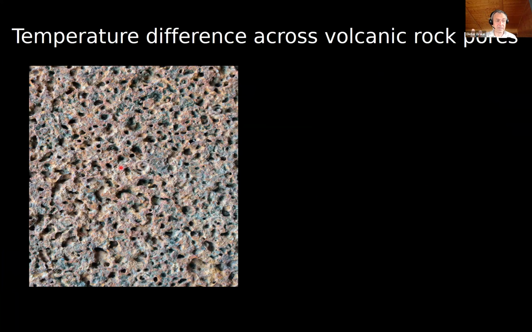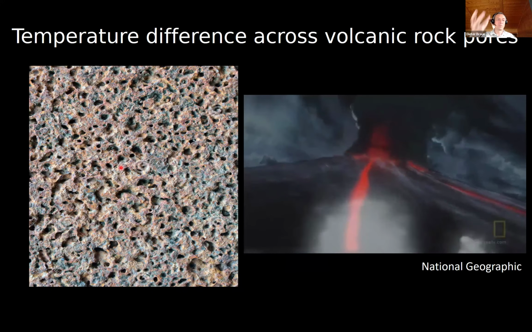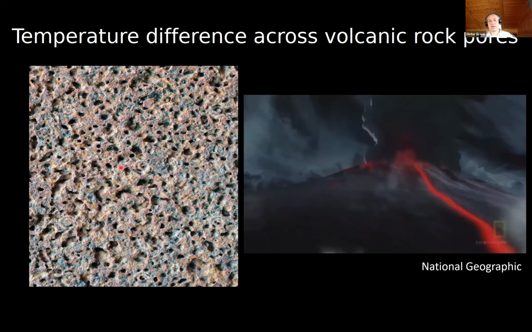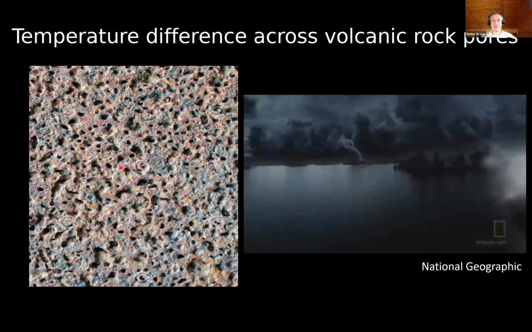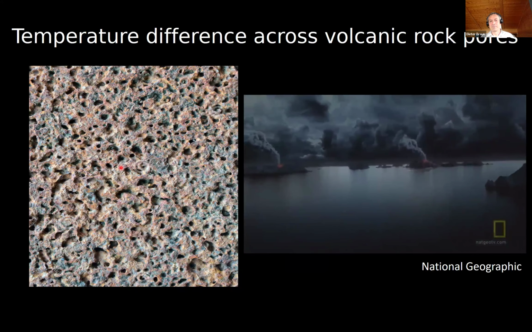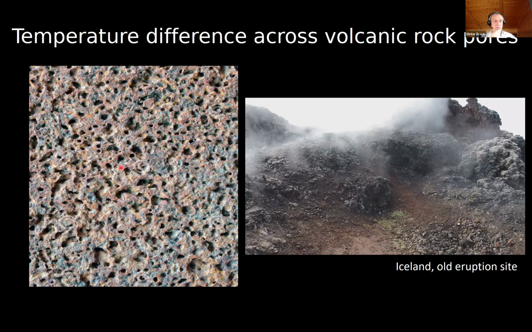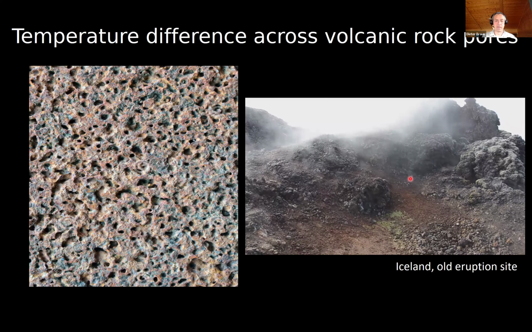If you have ever been to Iceland or Hawaii, pick up any rock, you get a porous rock because the volcanic islands just do that. These things are just popping out of the ocean, and then you have these computer-animated ways of showing how volcanic islands form. Very dramatic. Well, if you go to Iceland, to settings where there was a volcanic eruption 15 years ago, this is how they look.